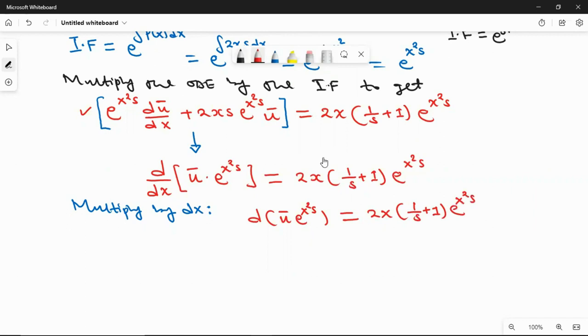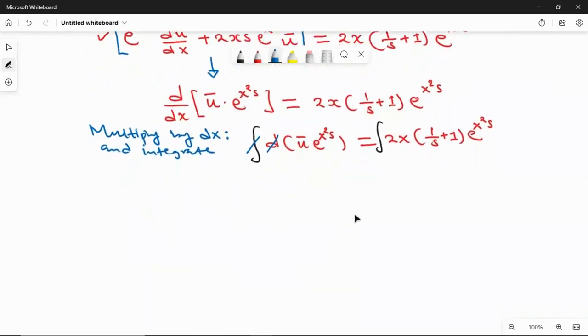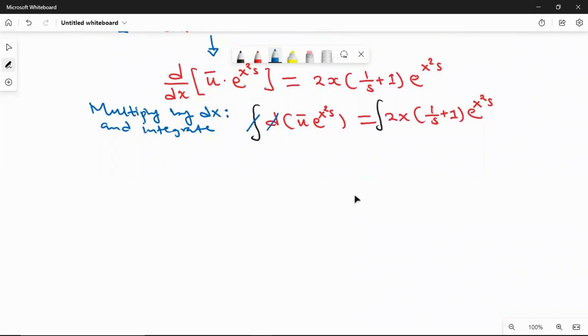Then integrate. Remember, there will be a constant C of integration. So we multiply by dx and integrate. I told you integral and derivatives are inverses of each other, so this and this will cancel, so that on the left-hand side we only remain with u bar times exponential x squared s.